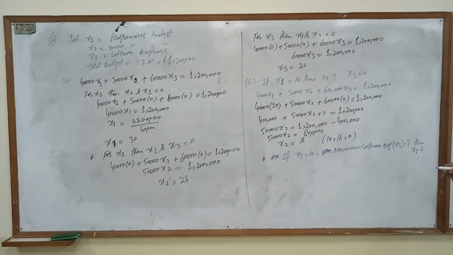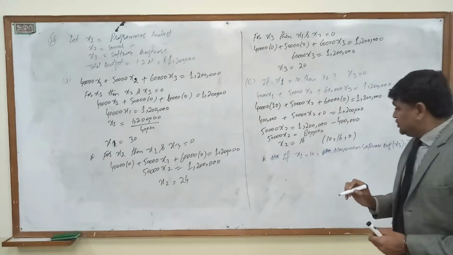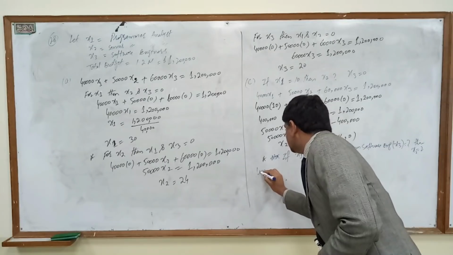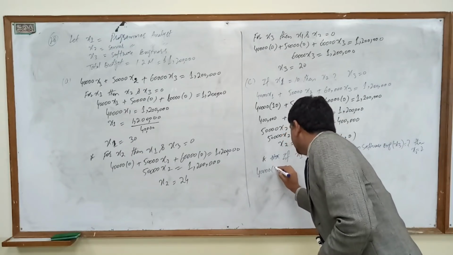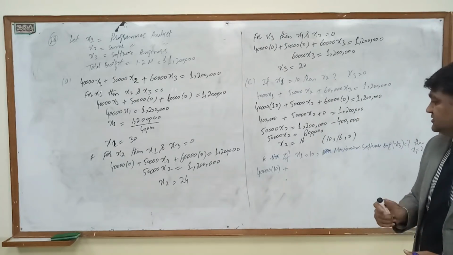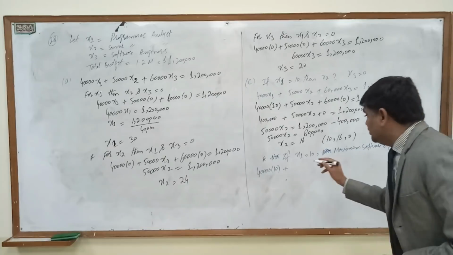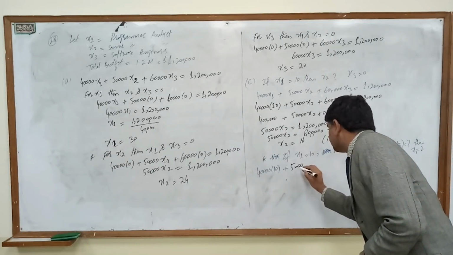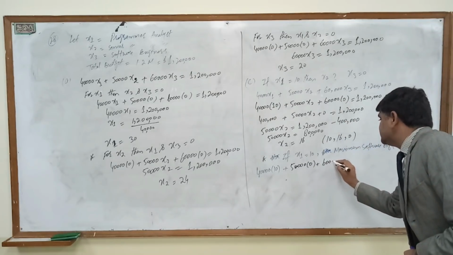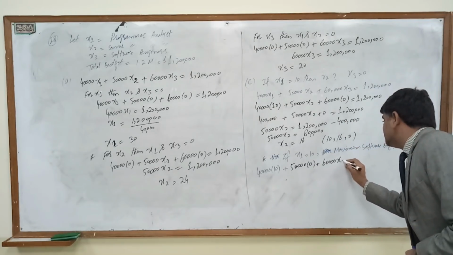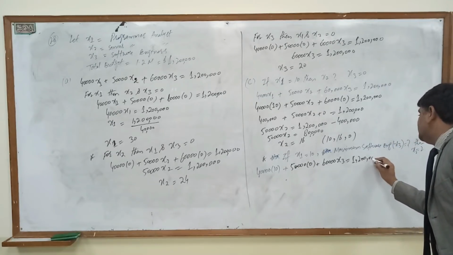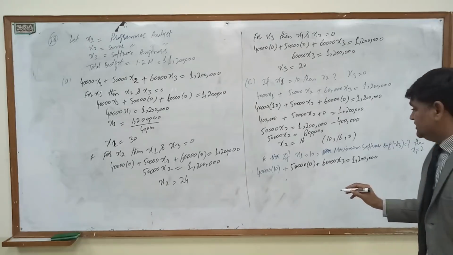Clear? So the equation is 40,000 into 10 plus the value of x2 is 0, 50,000 into 0 plus 60,000 x3 is equal to 1.2 million. Okay, students?